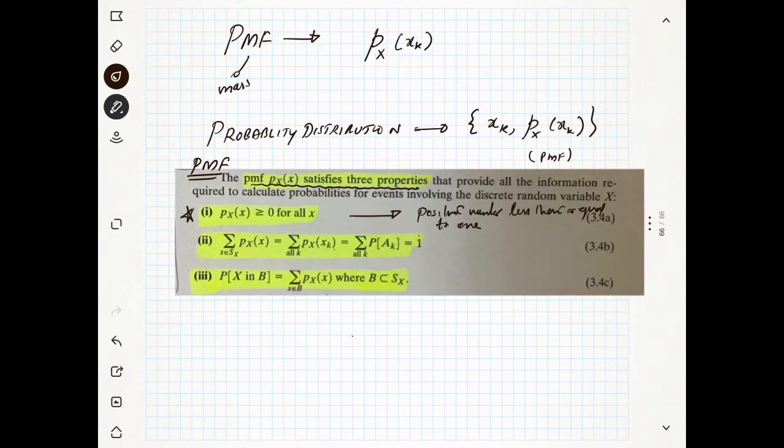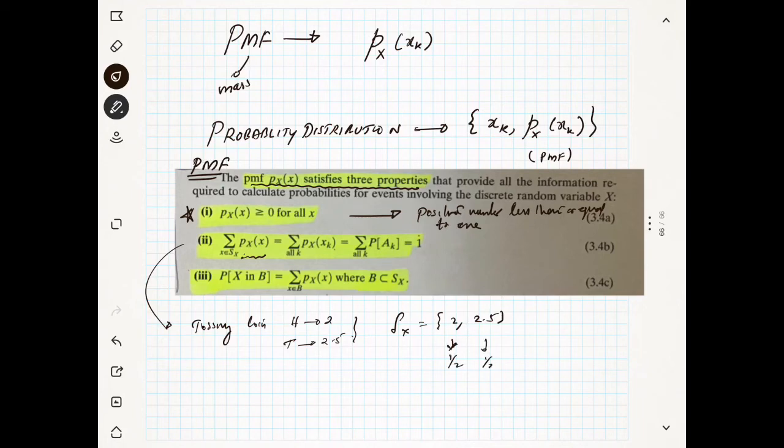And if you take our previous example of tossing a coin and add all these mass functions, you will get 1. For example, let us assume that tossing a coin, with head we assume the value 2 and with tail the value 2.5. Then the sample space of the random experiment is 2 and 2.5, and the probability of this is 1 by 2 and of this is 1 over 2.